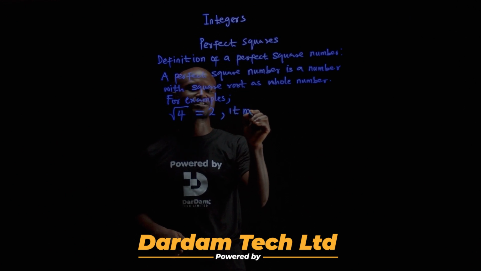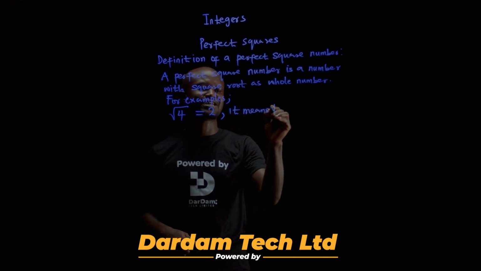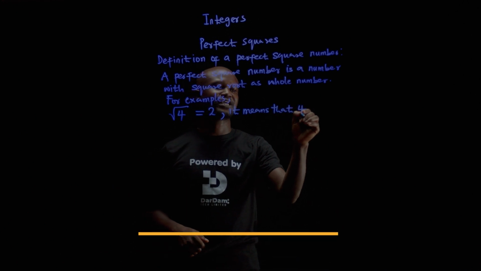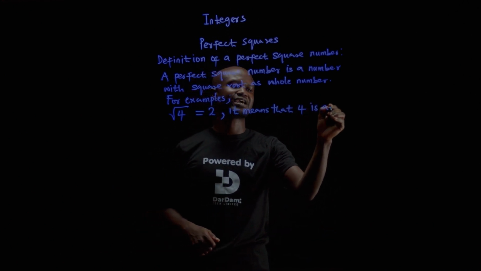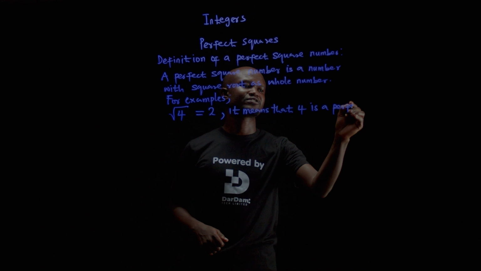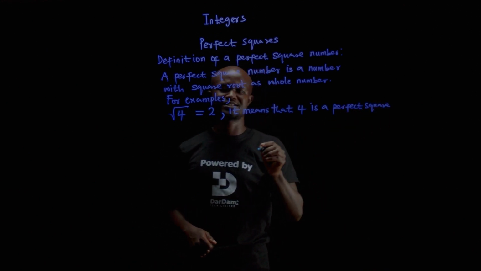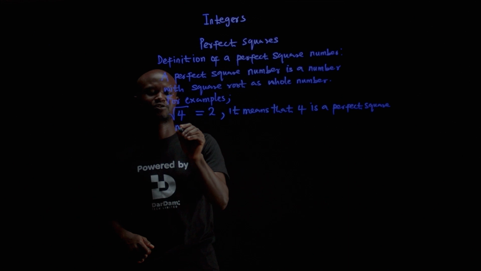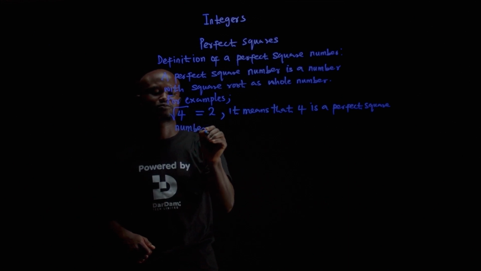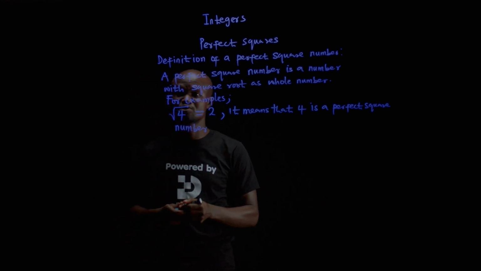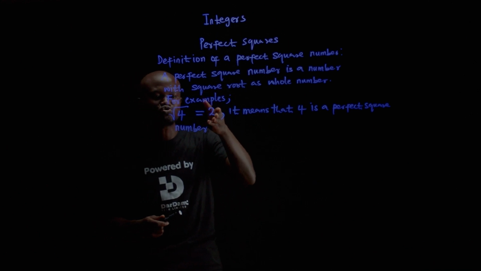It means that 4 is a perfect square number, because the square root of 4 gives us 2, and 2 is a whole number.